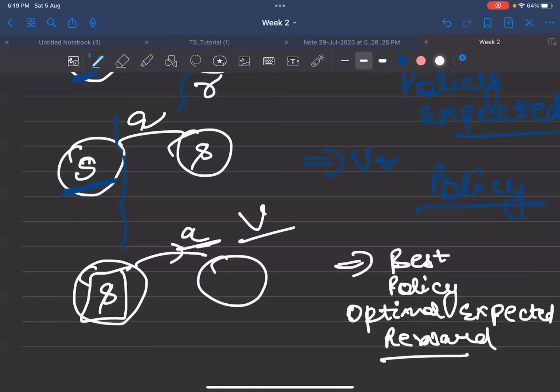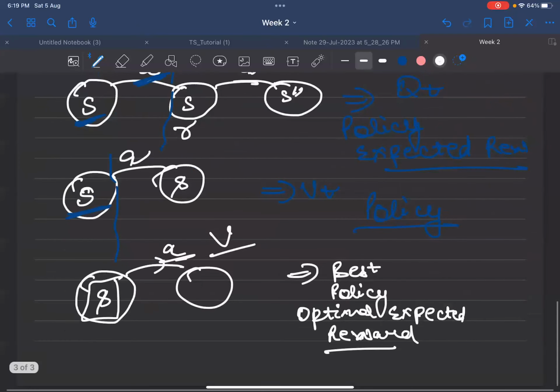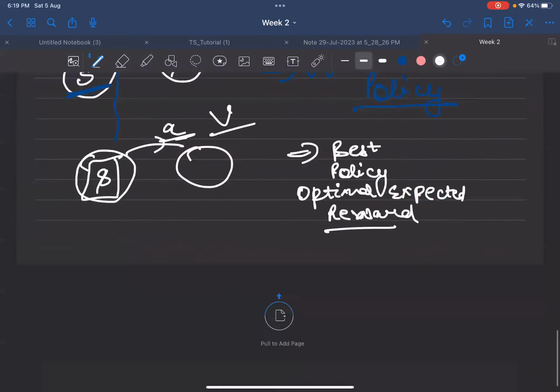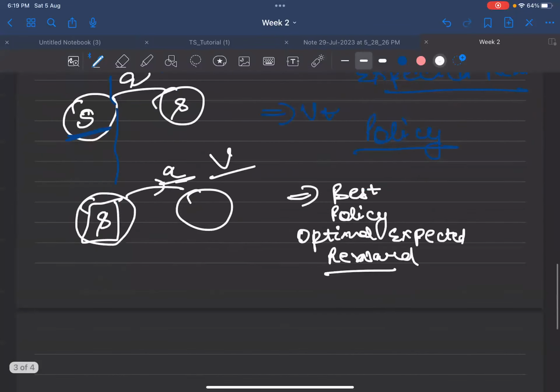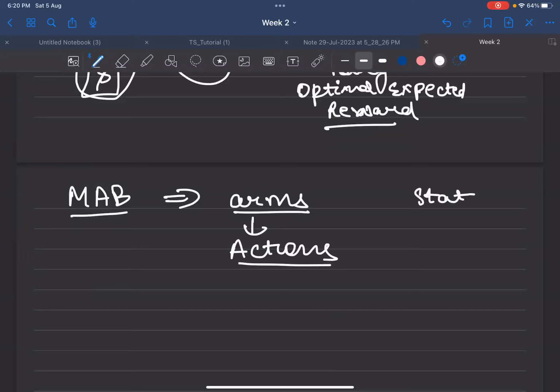That is where you are getting confused. This is multi-armed bandit. Multi-armed bandit means we are only having these arms. What are arms? I can say they are actions. We are not having states there. Can I say that?